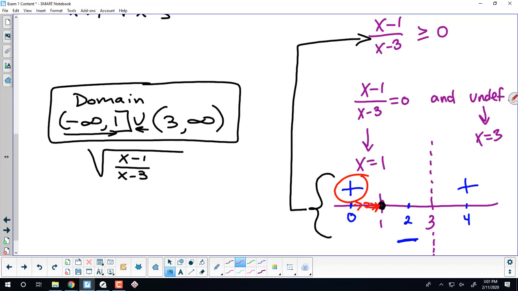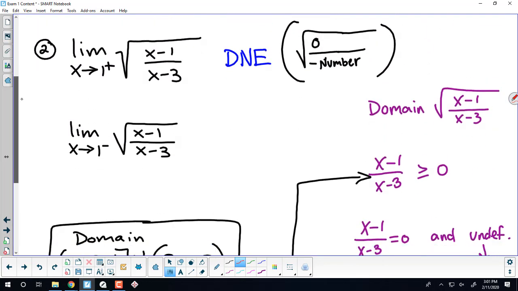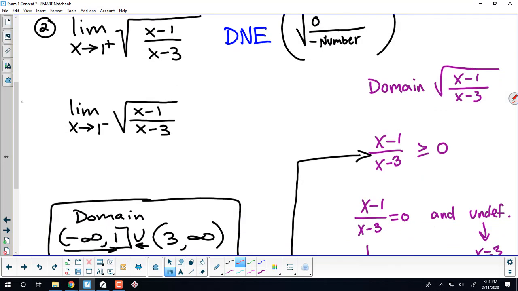Okay. So as I approach 1 from the left, like we said, what happens here is the numerator gets closer to 0. But it's getting closer to 0 through negative numbers, right? Or through negative values. 0.99, 0.999. So I have to think of it that way. I'm getting closer to 0 through negative numbers.